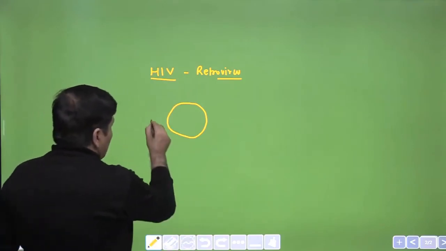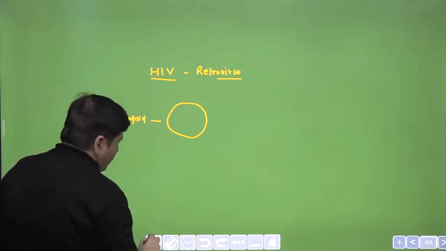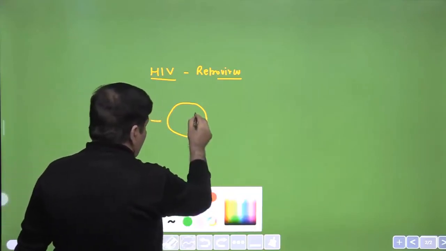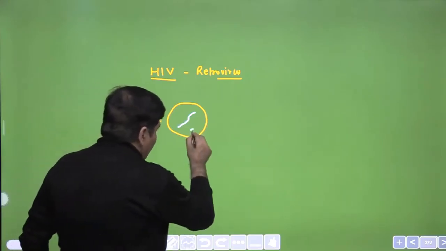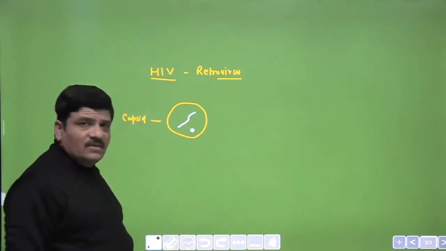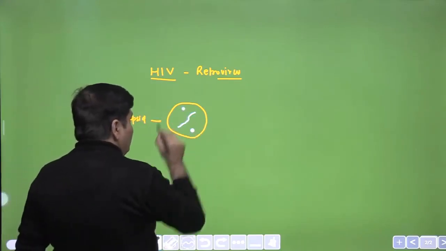It has a capsid, and in the core it will have single-stranded RNA as its genetic material, and will have an enzyme which is called reverse transcriptase, and also an enzyme which is called integrase.